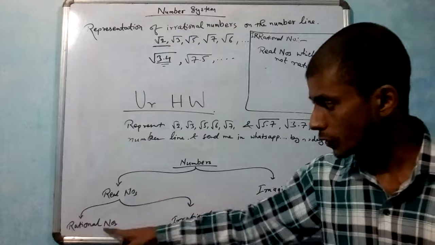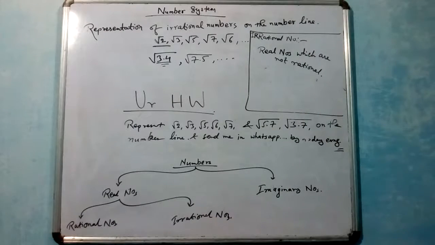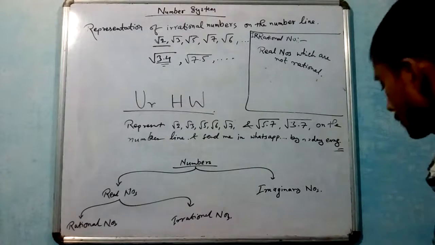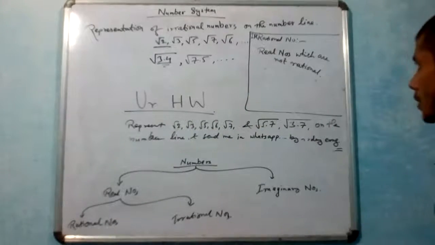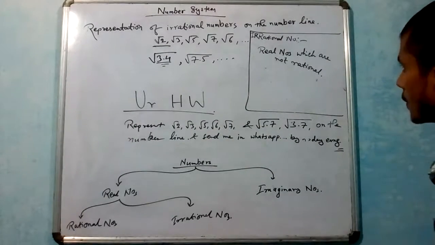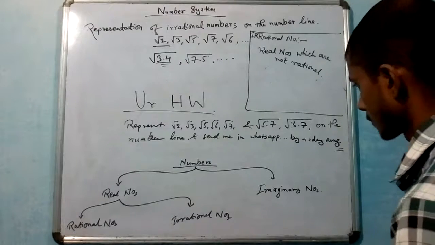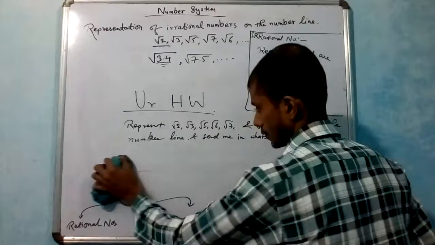So among the real numbers, those which are not rational are irrational. We have seen root 2, irrational, okay? Fine?